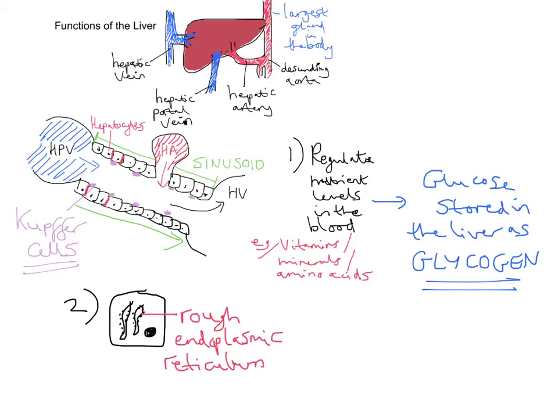It's a little structure found within animal cells. Now, these rough endoplasmic reticulum have what are called ribosomes on their surface. That's what all those little black dots are.